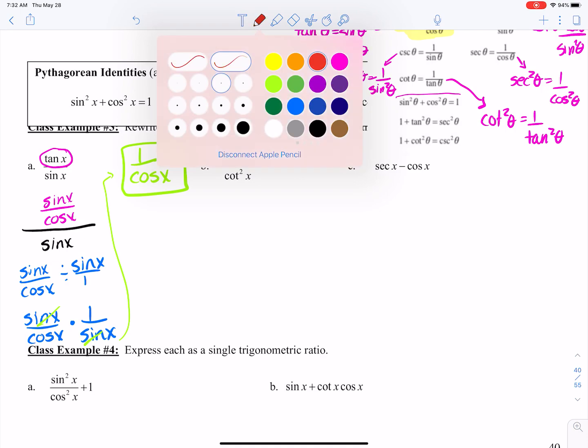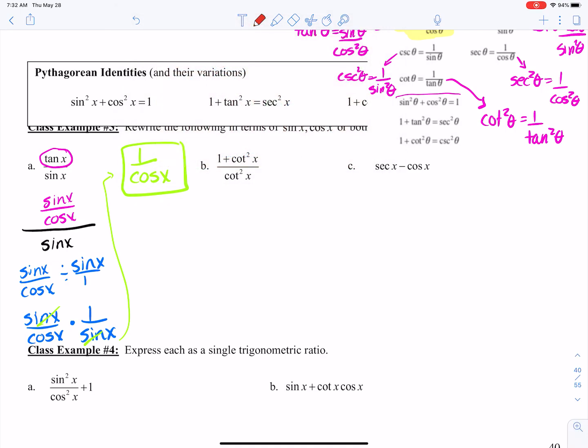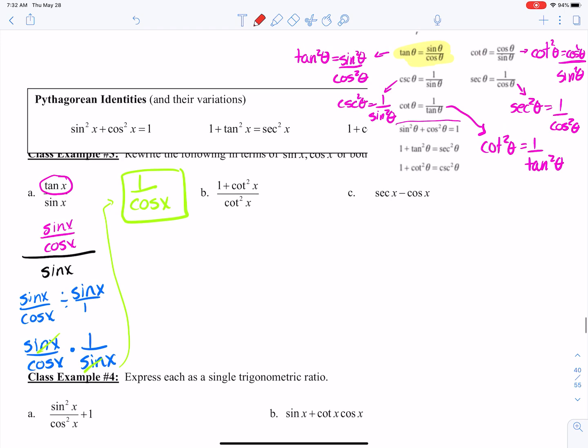All right, and this is a little bit of a, like, hey, where's Waldo kind of situation here. So we look at 1 plus cotan x, and I see it right here. So I can replace that with cosecant squared x, and this is all over cotan squared x.